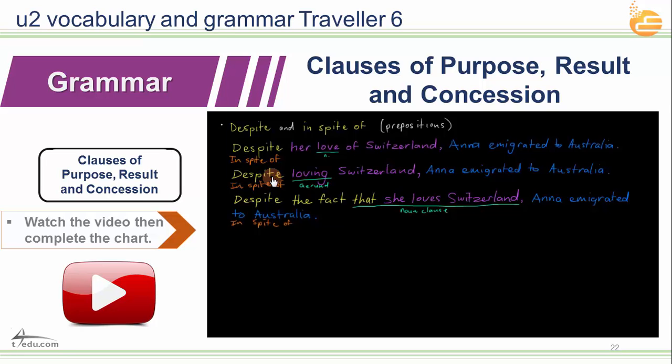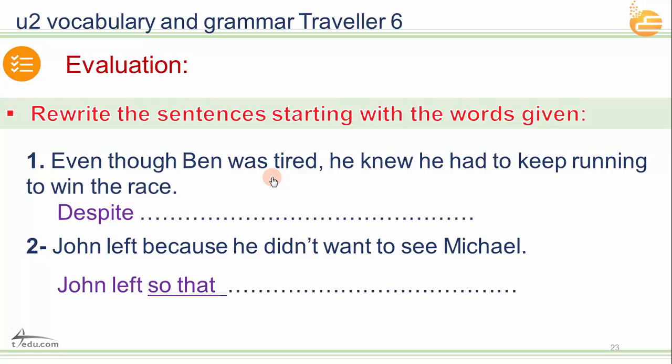Now let's do this in practice and rewrite the sentences starting with the new words given, despite and so that. We need to make any necessary changes, so we can change them into adverbial clauses. Even though Ben was tired, he knew he had to keep running to win the race.